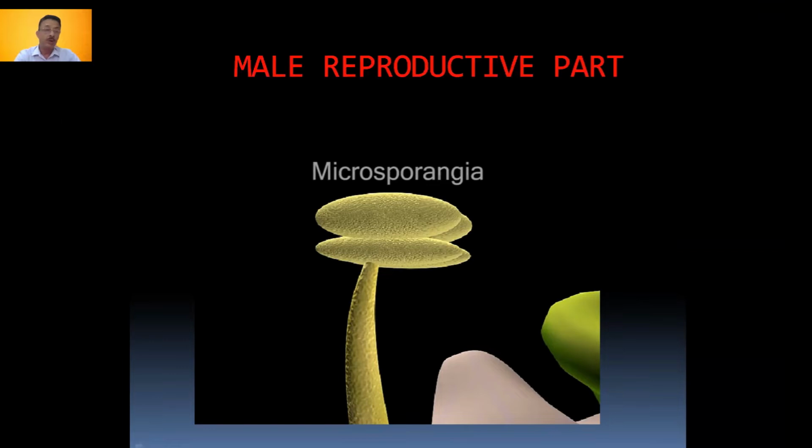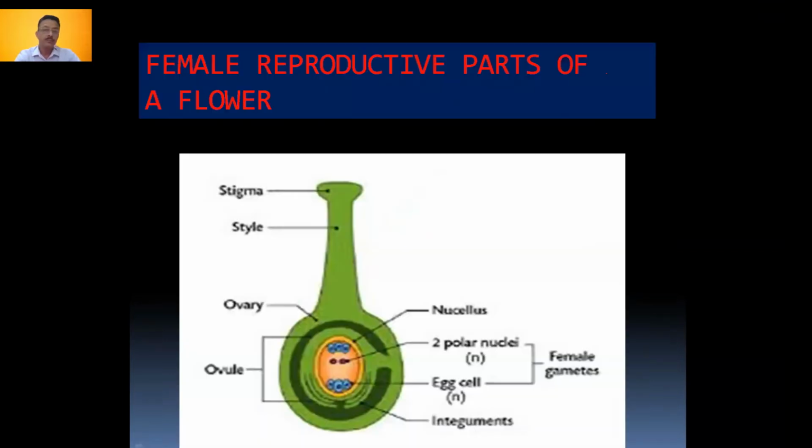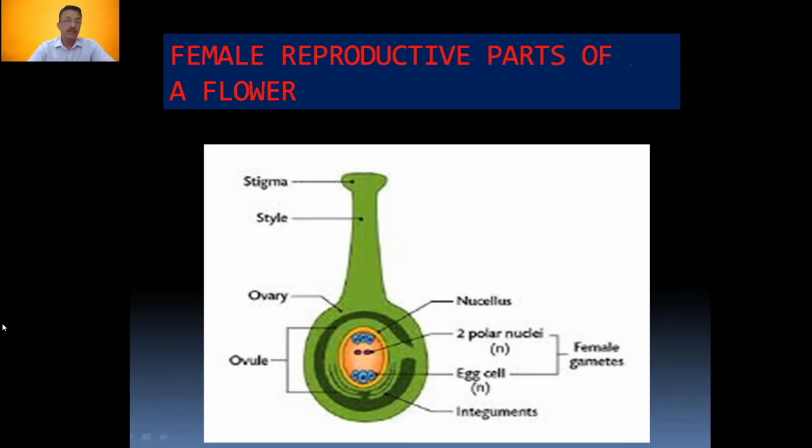The pollen sacs are also called microsporangia. The female part has three parts: stigma, style, and ovary. Inside the ovary, there are various ovules. Inside the ovule, there are various structures like nucellus, embryo sac, polar nuclei, egg apparatus, and antipodal apparatus. We will discuss all these one by one.